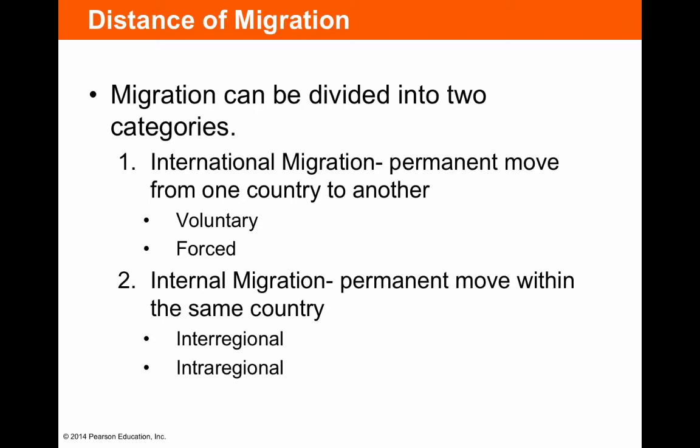Whereas internal migration can involve long distance moves in a large country. So, for example, it's still internal migration in the United States and Russia and China. You're in the same country, but it's a huge move because those countries are so much larger than a lot of other countries.